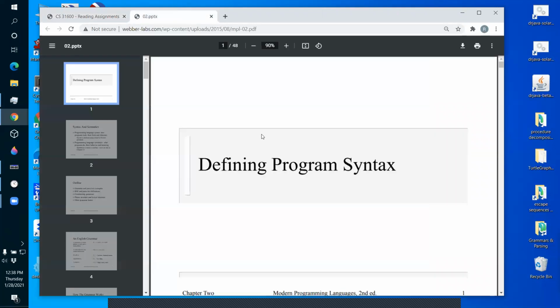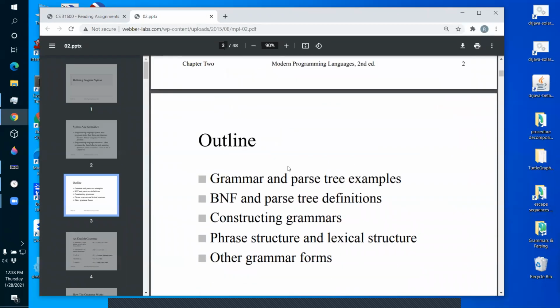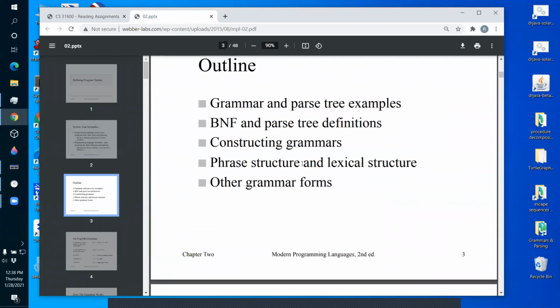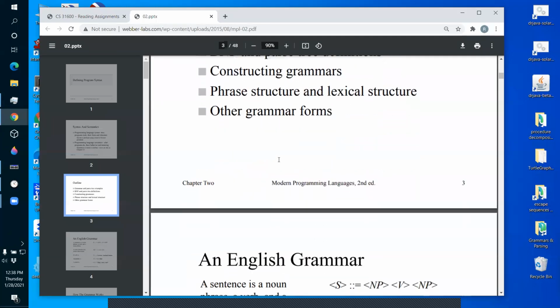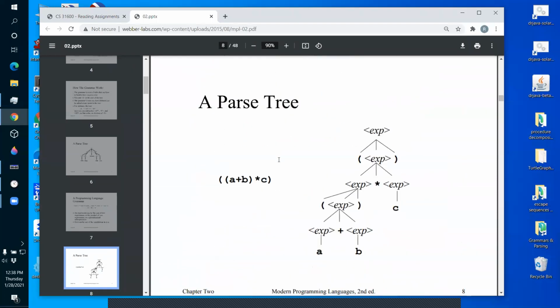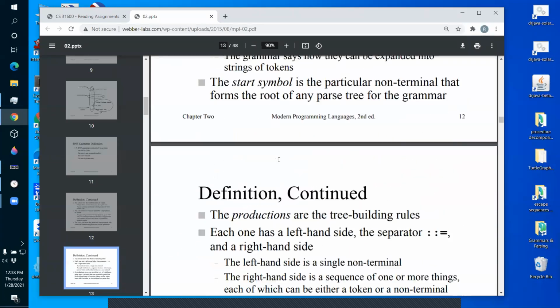Okay, let's look at this idea of phrase structure and lexical structure. We haven't talked about that too much.